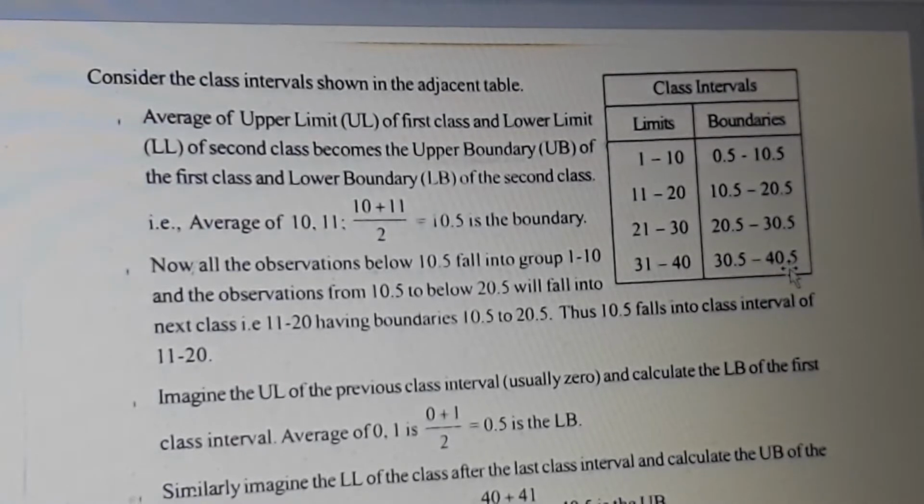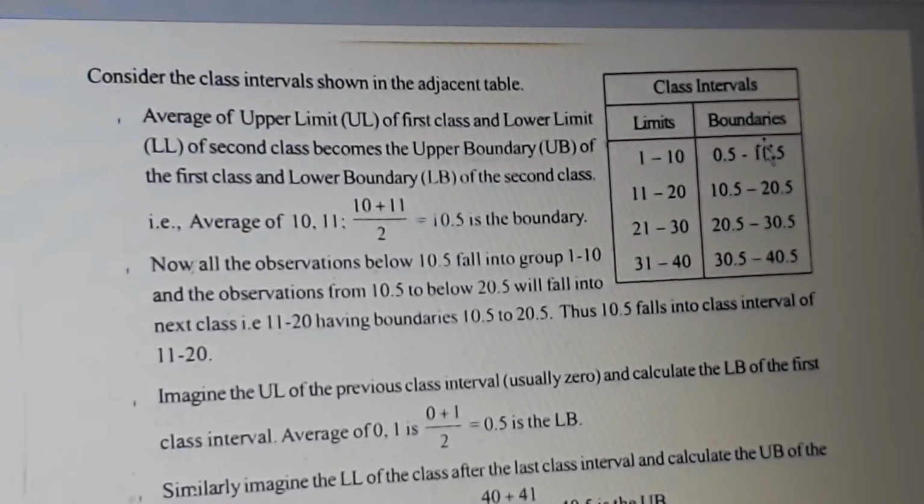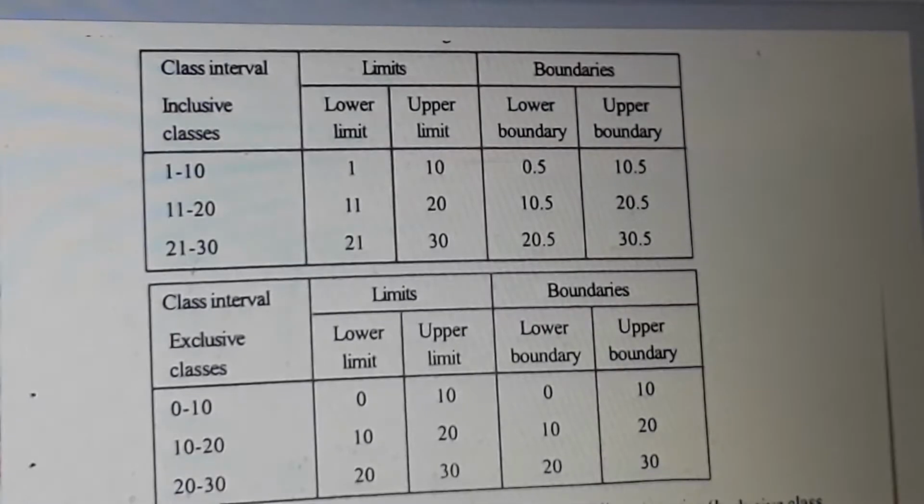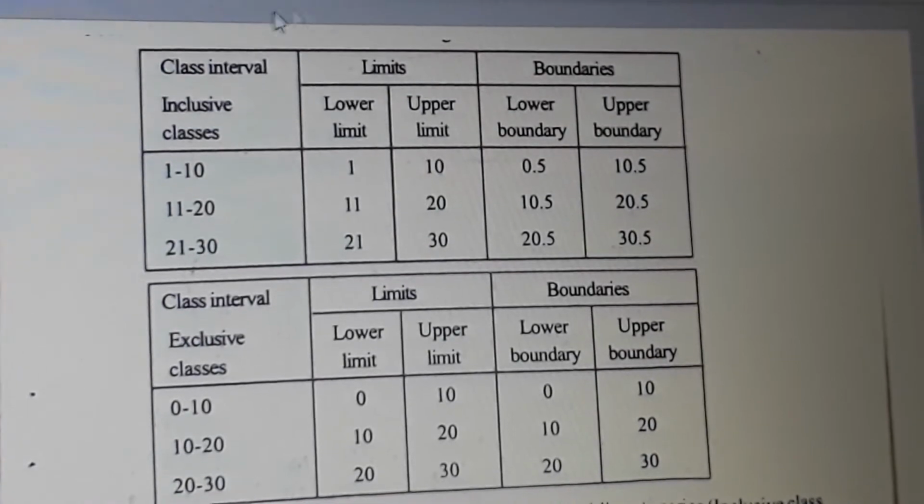You say this. Okay, these boundaries are also called true class limits. These are limits, these are boundaries or true class limits. Class interval, inclusive classes, limits, boundaries: 1 to 10, lower limit is 1, upper limit is 10.